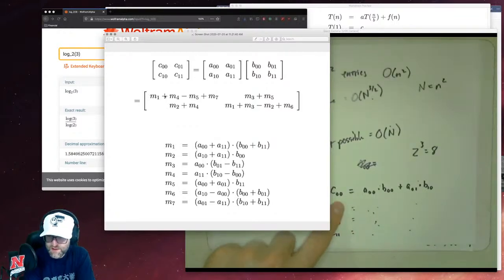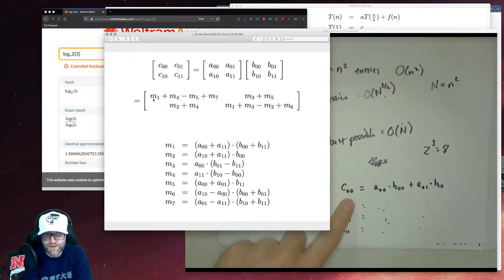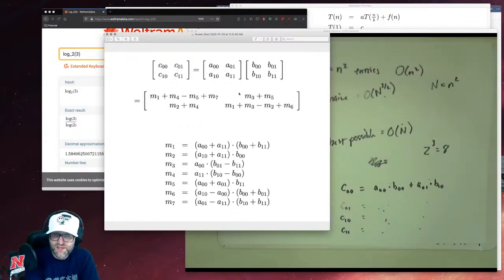That C sub 0,0 can actually be written as M1 plus M4 plus M5 plus M7, where M1, M4, M5, and M7 are defined down here. And you can see that what he was thinking about when he started writing these on a blackboard, coming up with equivalences, he was looking at ways to reuse stuff, just like Karatsuba was.